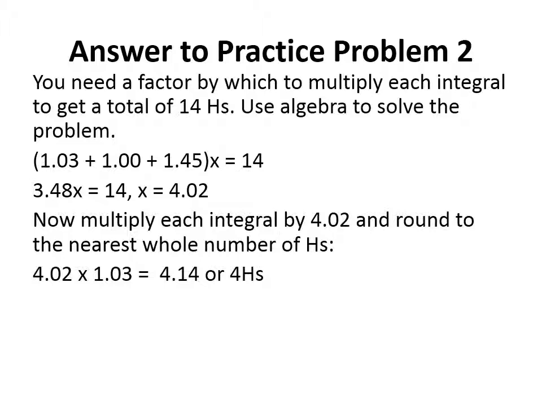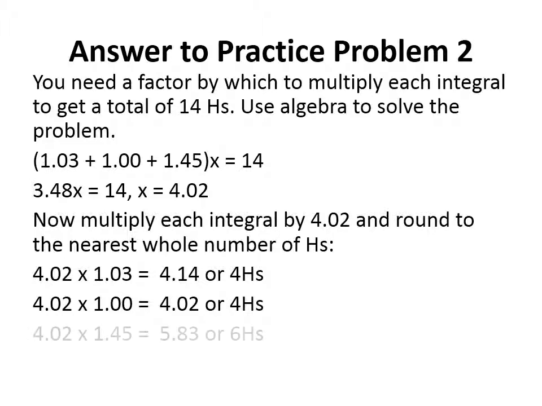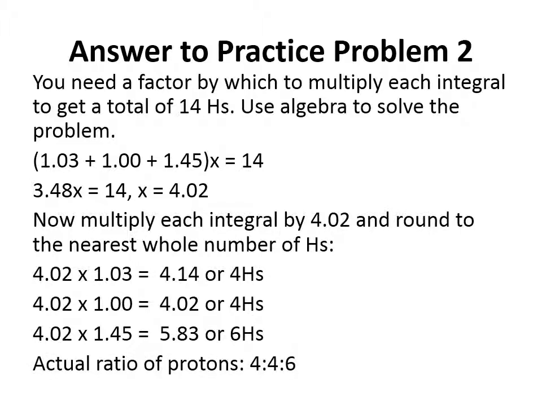So we get 4.02 times 1.03 equals 4.14, or 4 hydrogens. 4.02 times 1 equals 4.02, or again 4 hydrogens. 4.02 times 1.45 equals 5.83, or 6 hydrogens. So the actual ratio of protons is 4 to 4 to 6.